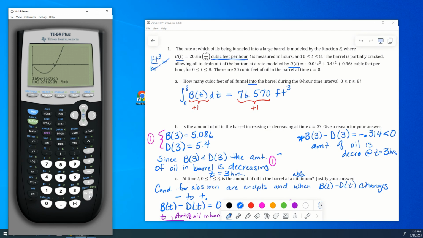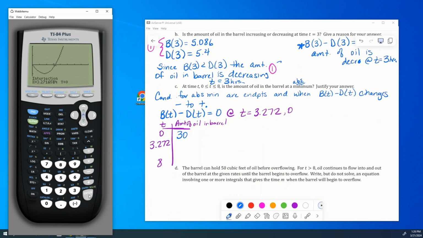Now, how would I find what's in there? Remember when we found this value, that was how much came into the barrel. I didn't consider what was going out. So what I'm going to do is write out the amount of oil in the barrel. I'm going to take the original 30 and then add the integral from 0, and I'm just putting a letter there, of B of t minus D of t.